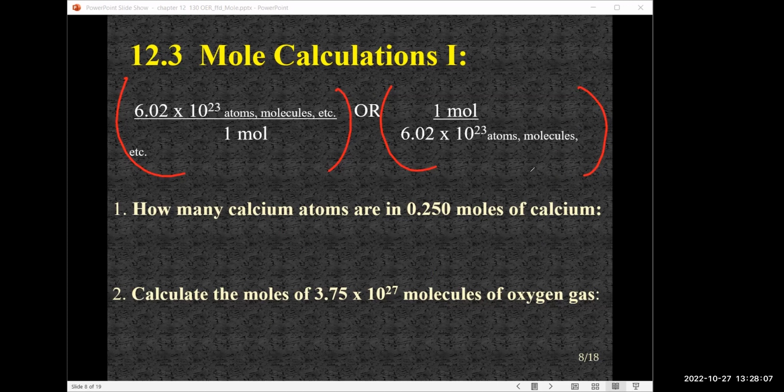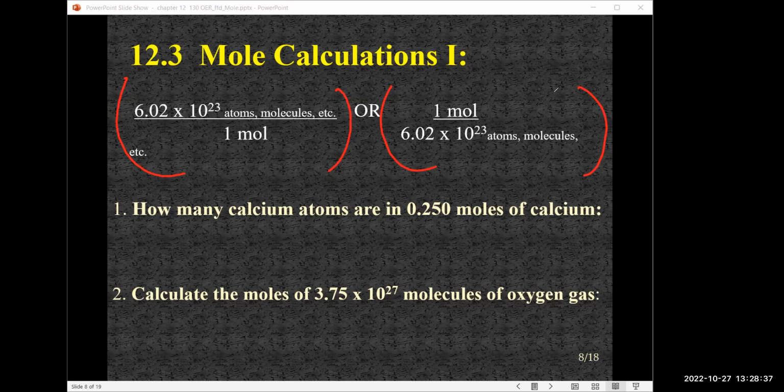So you can write it as 6.02 times 10 to the 23rd per mole, like shown on the left, or invert it, okay? And then use it the same way we've been doing the calculations. Depending on the units that we are given and the units we're looking for, that determines how you set up that ratio so you can get the units to cancel out.